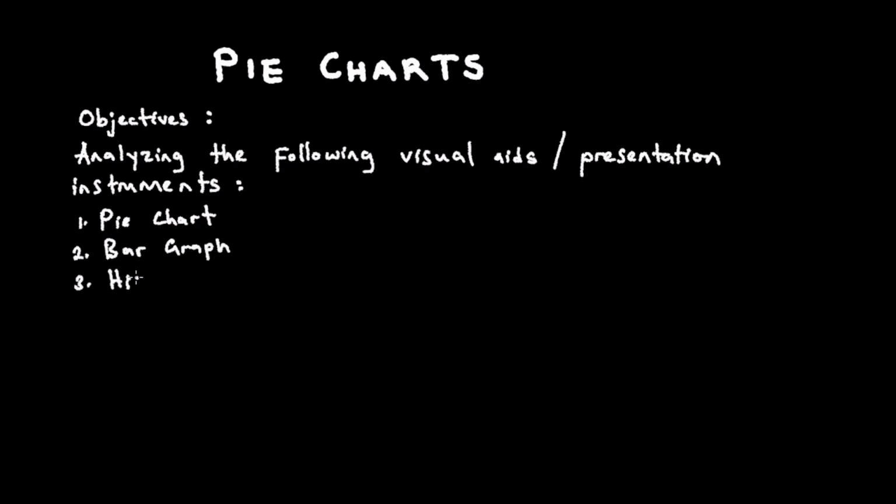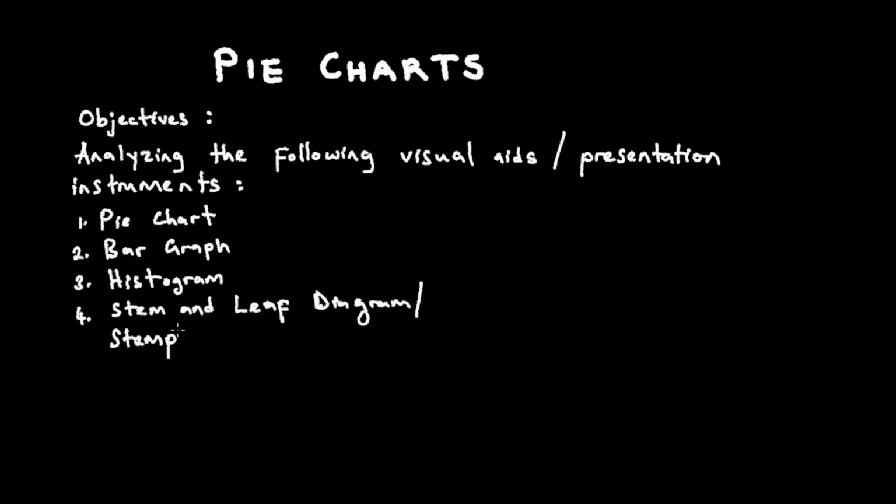Tutarisa histogram. Then I think something which is completely new for you is the stem and leaf diagram, which can also be called a stem plot. Then tichatarisa, what we refer to, this is also going to be new, a box and whisker plot.